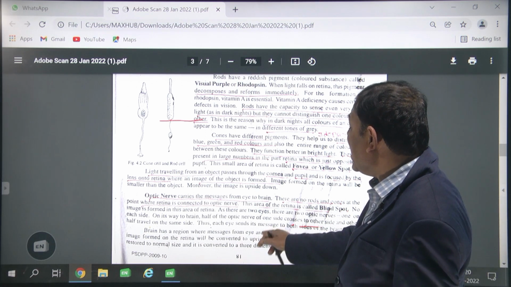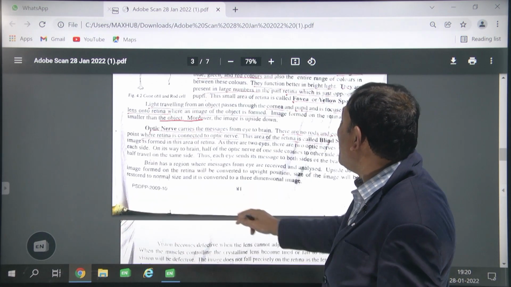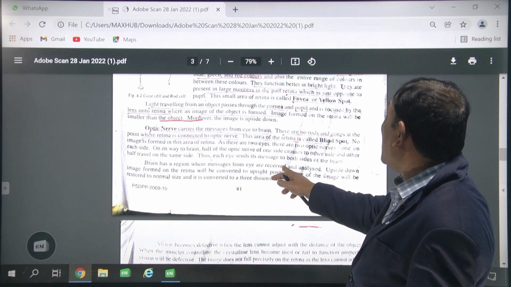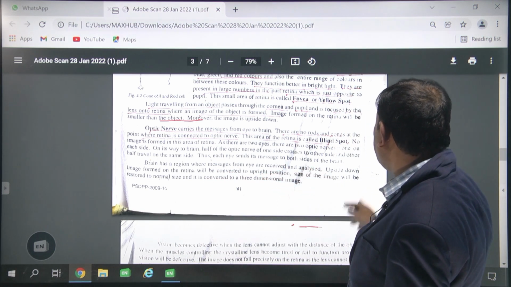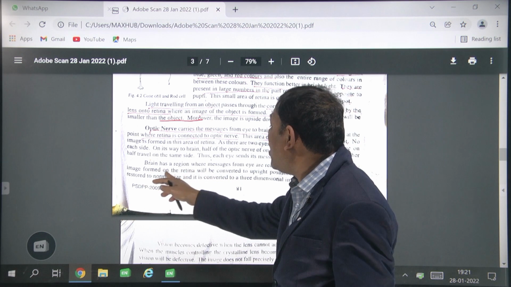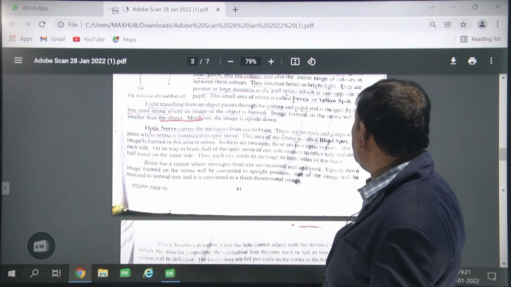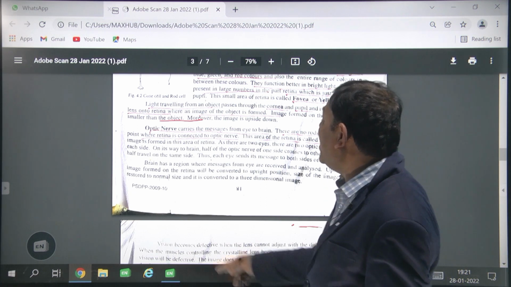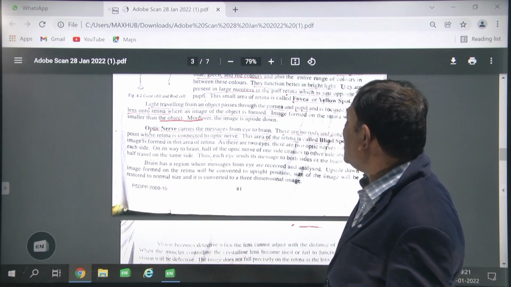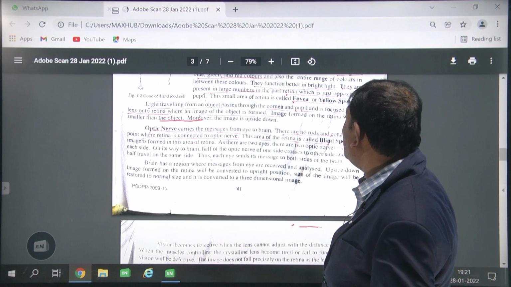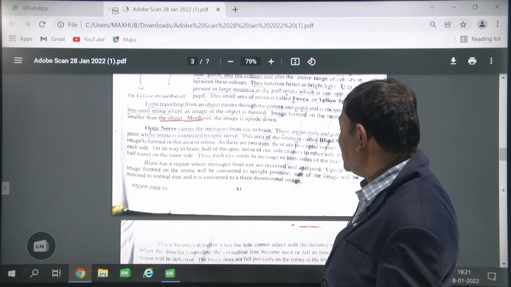The brain has a region where the messages from the eye are received and analyzed. The upside down image formed on the retina is converted into the upright position. The size of the image is restored to normal size and it is converted into a three-dimensional image.